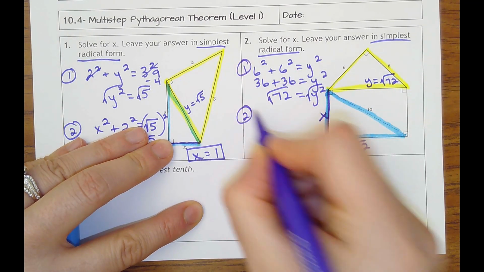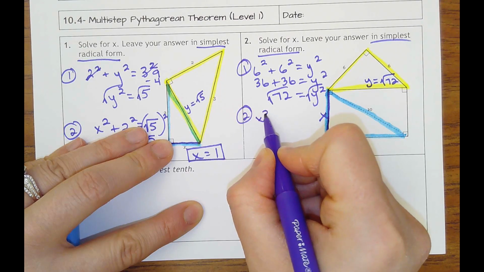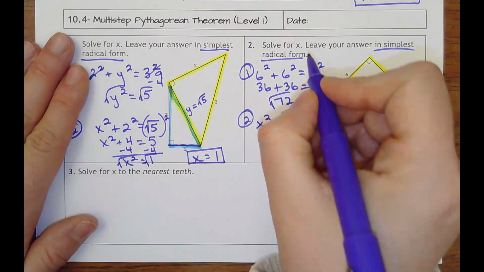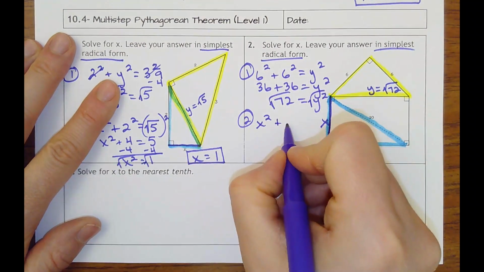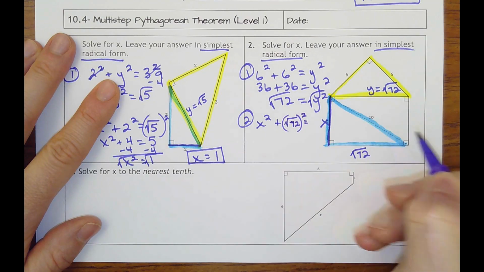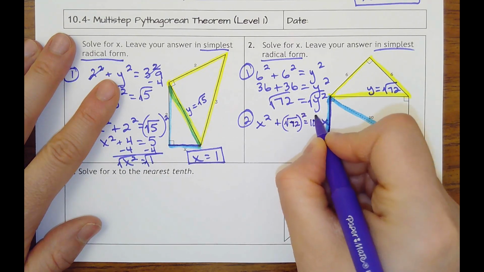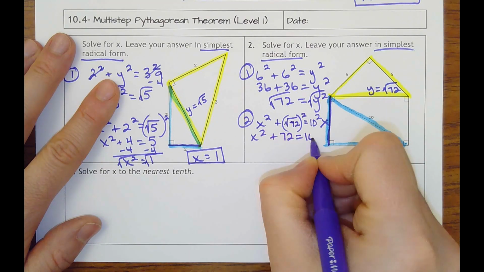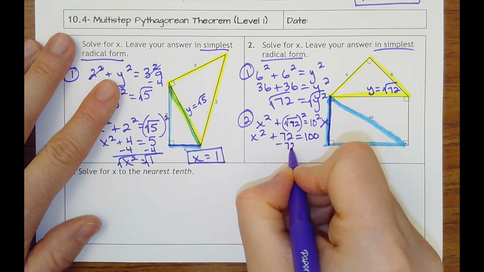Step number 2, I'm going to have x squared plus square root of 72 squared equals hypotenuse of 10 squared. Square and square root cancel, so that's 72. 10 squared is 100. Subtract 72.